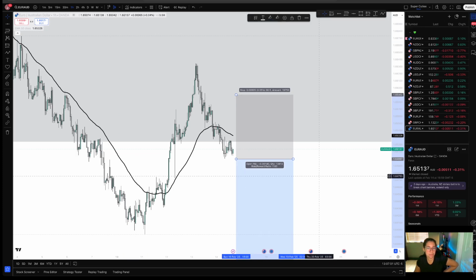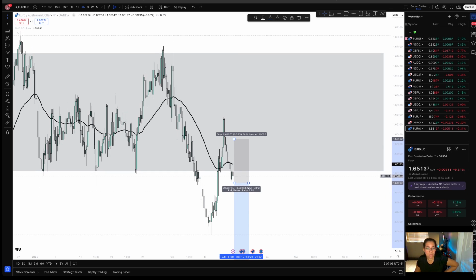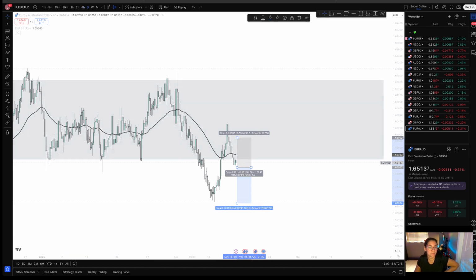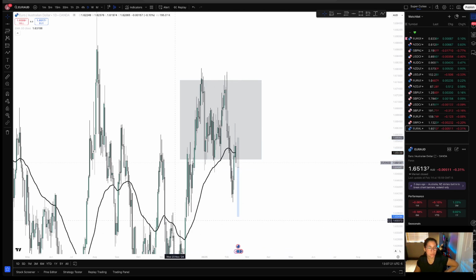So 90 pips risked, and we have a nice target, because this would be safe, giving you a little bit over 1-to-1, way down here where price starts to get choppy again. Okay, so 150. Right, perfect. So this is a trade that I'm very much looking to get into tonight or tomorrow.